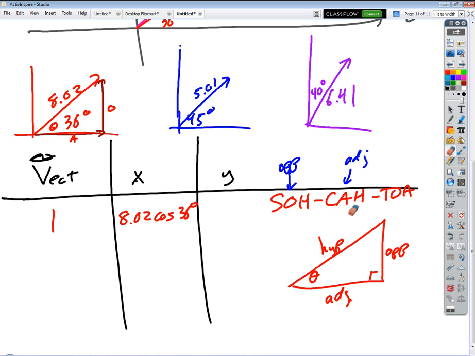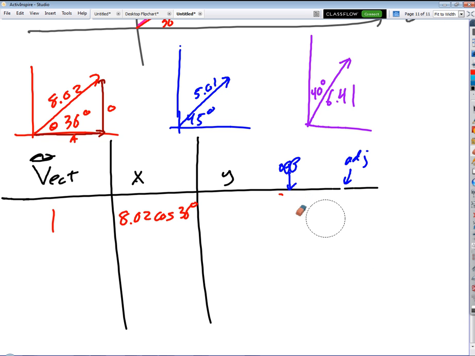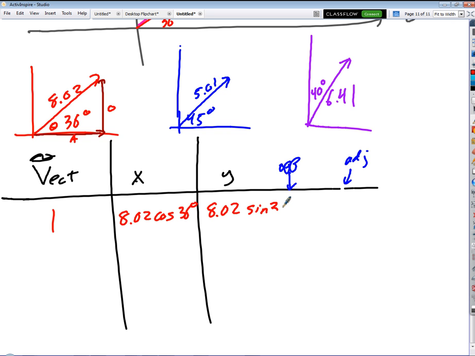And the y component is going to be 5.01 times, sorry, what am I saying? Strike that. The y component is 8.02 times sine 36. Good. Okay, now we switch triangles.